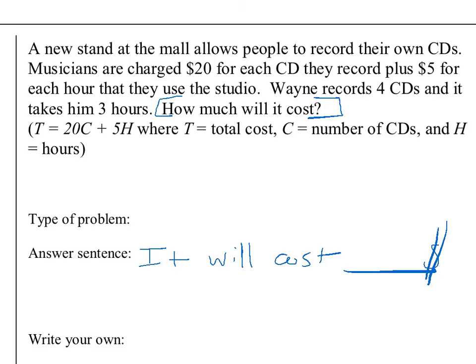Mia. 4 CDs, the hours. Those would be important values. I'm looking for a key piece of information that tells me mathematically what I need to do. Hervey, what do you think?